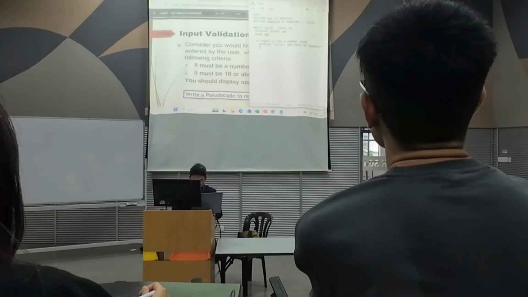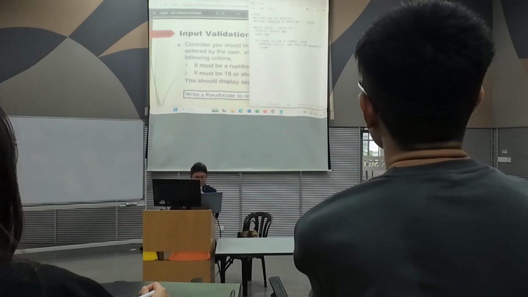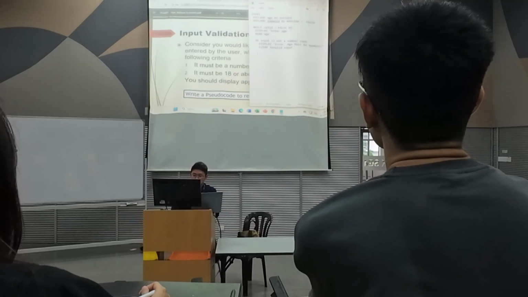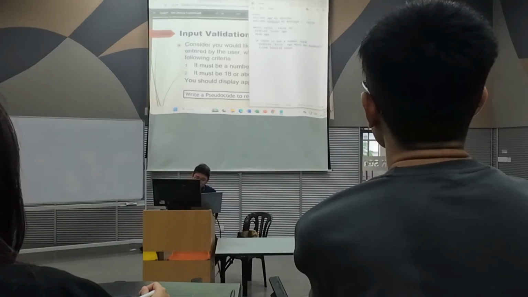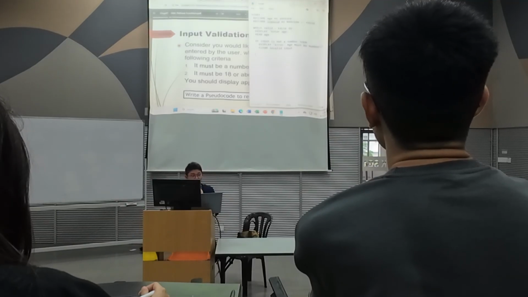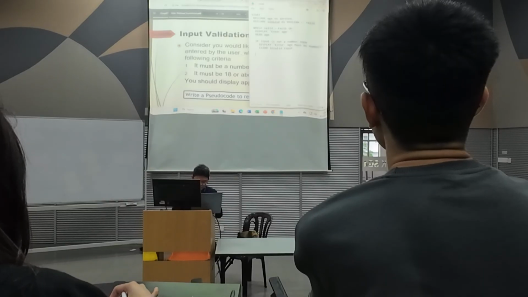Next one, this is extra: I will clear this invalid input. Then the next condition. This was the first condition. So what is my next one? I use an else if statement.